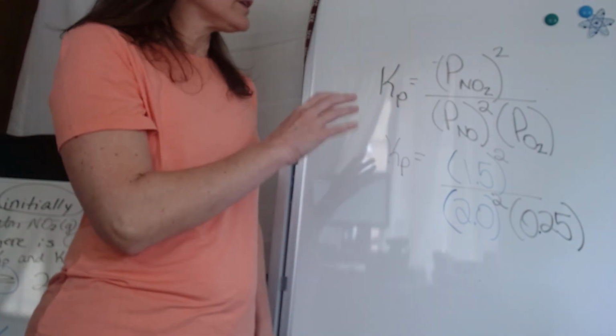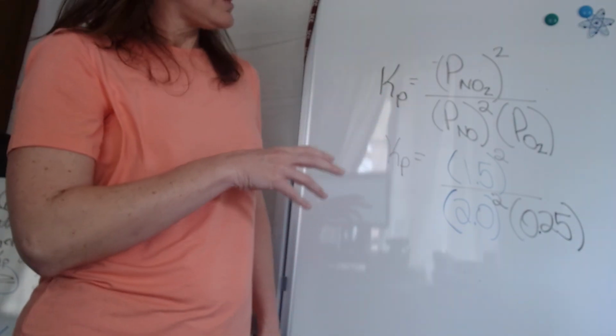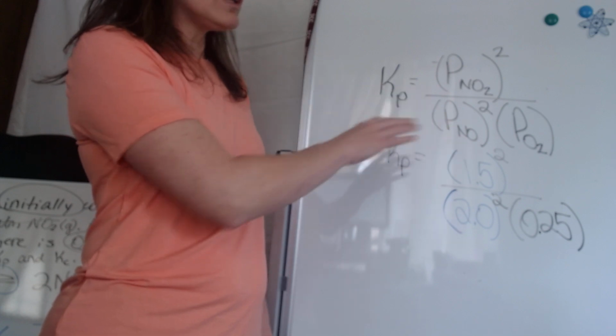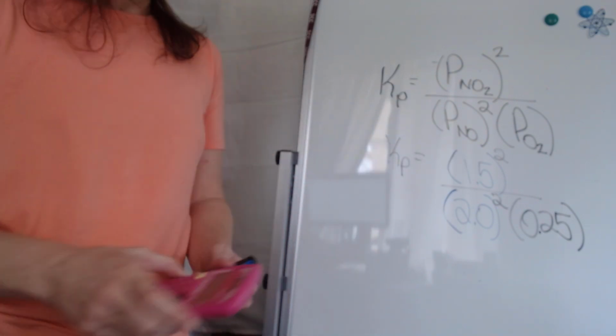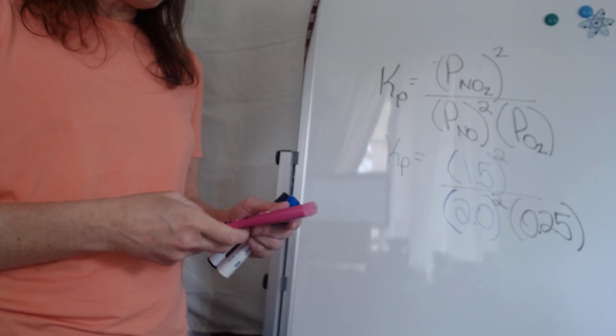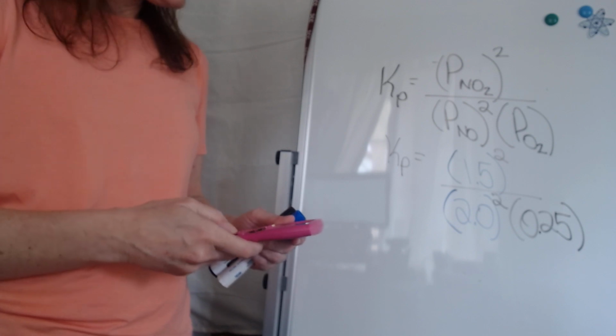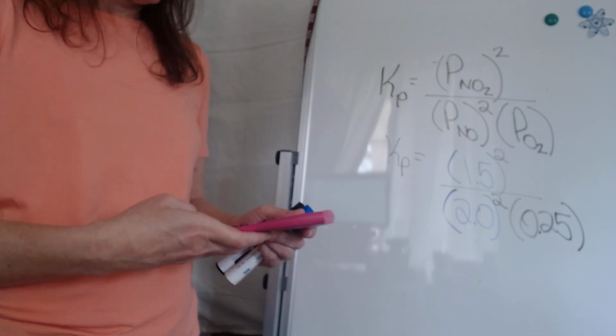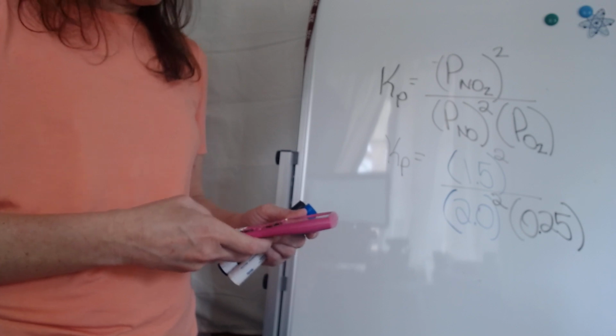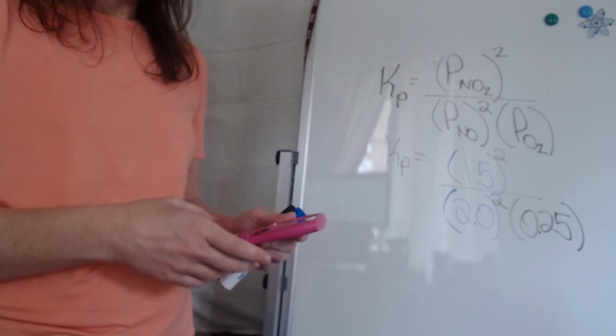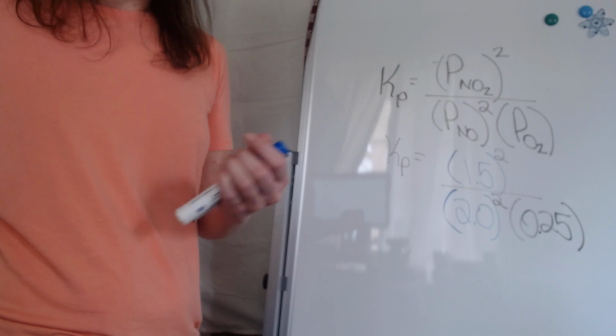And so we have all of the information organized. They're all equilibrium amounts. And so you're going to take each of those numbers and then you're just going to do the math. So it's 1.5 squared divided by 2 squared divided by 0.25. And I got 2.25.